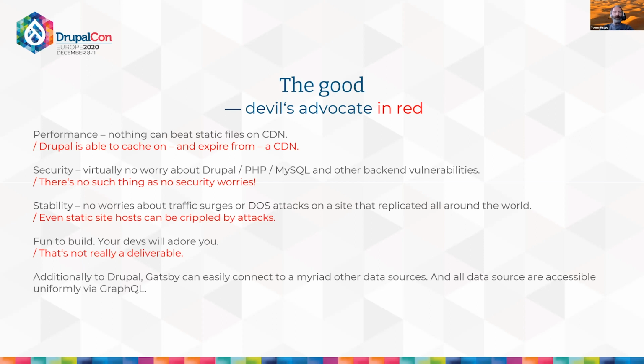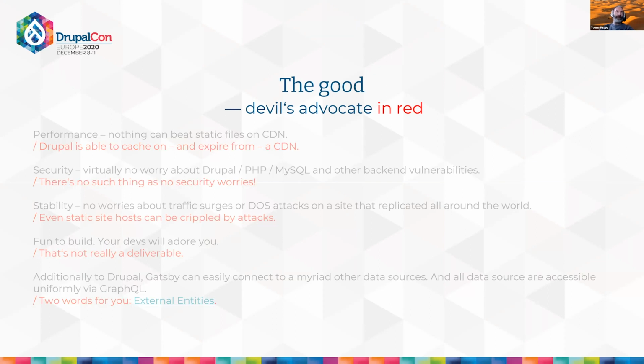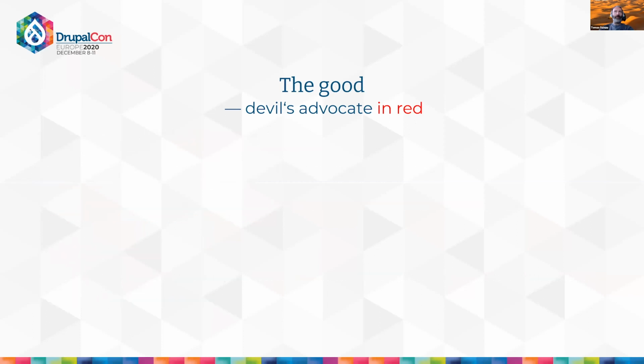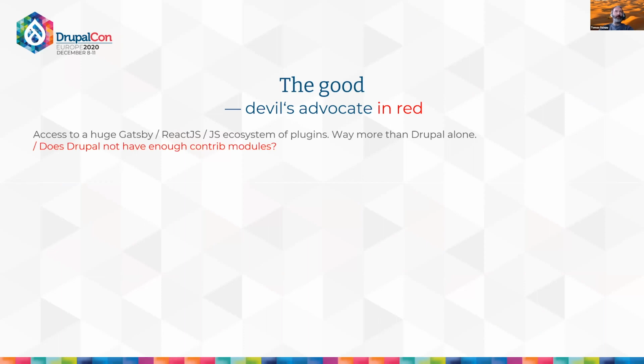Gatsby can so easily connect to many other data sources, not just to Drupal. Okay, there are external entities available in Drupal, but again, the setup is much more complex. You have access to a huge ecosystem of plugins of Gatsby, React, and JS. Do you really need it? Drupal has a lot of modules. Well, you have more quality modules in total than you can pick and choose.